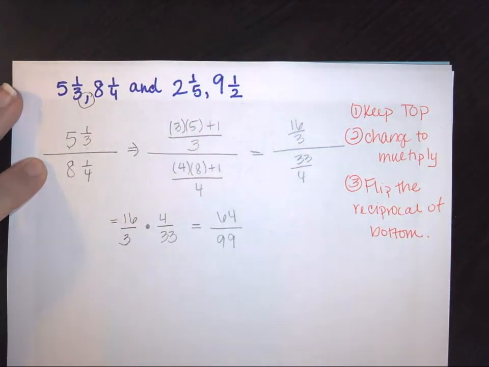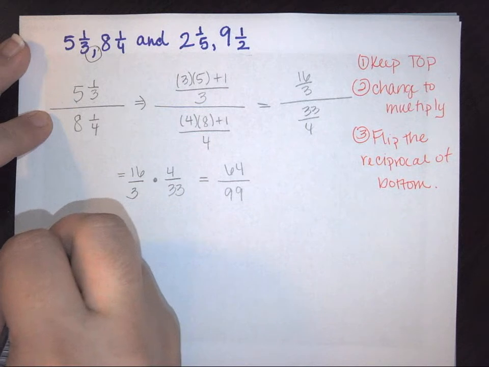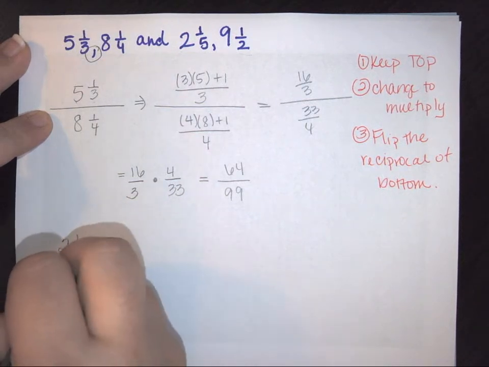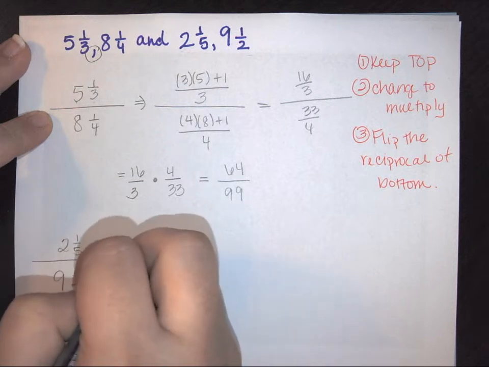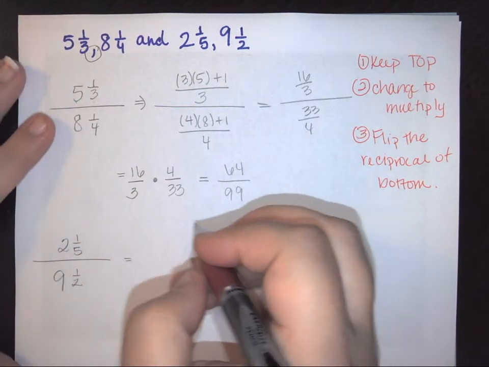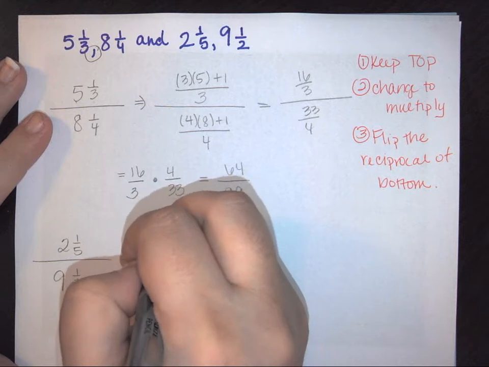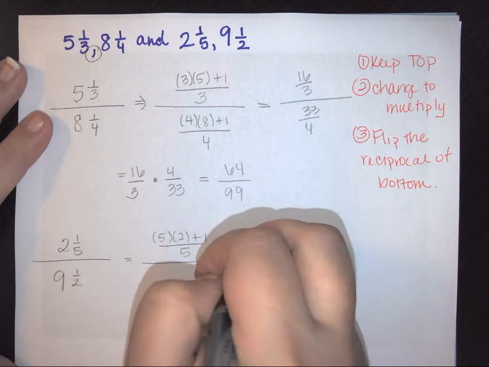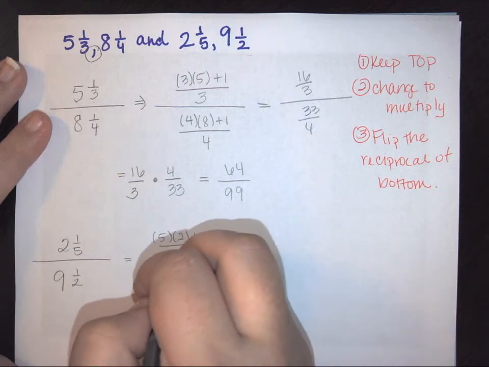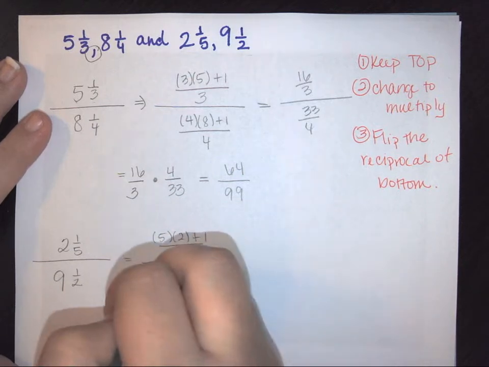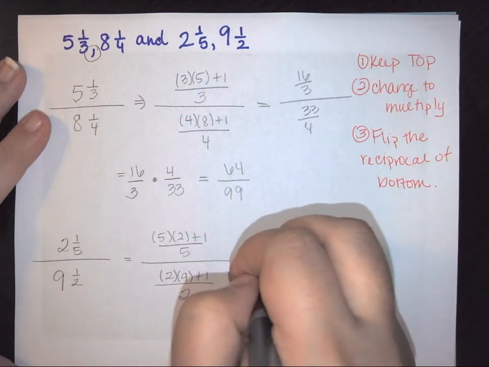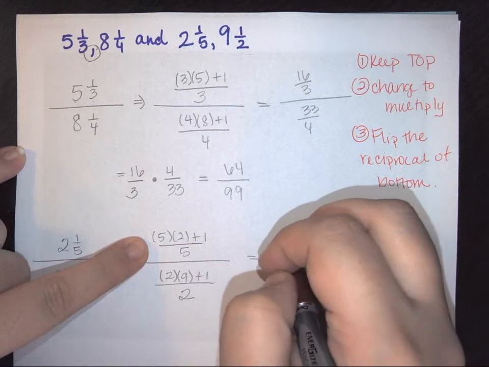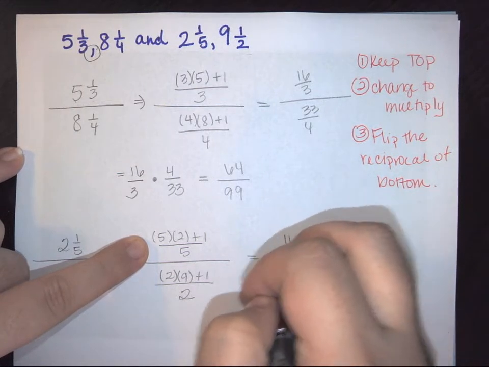We also need to do the other. So we have 2 1/5 over 9 1/2. So 2 1/5, again, this is going to be the bottom times the big number plus the top all over the bottom. And do it again: the bottom times that big number plus the top. Now we need to reduce. 5 times 2 is 10 plus 1 gives you 11 over 5.